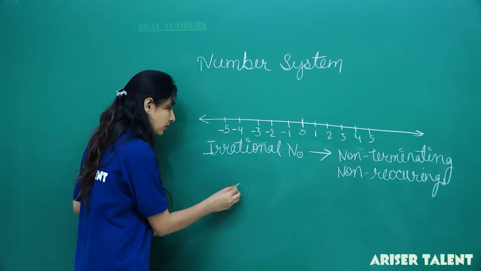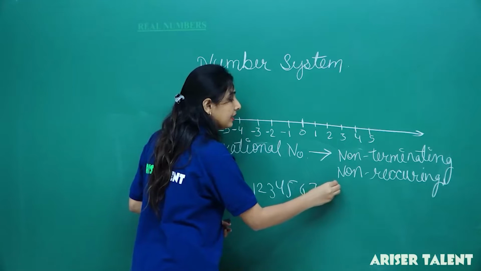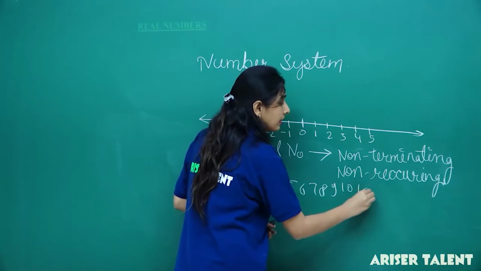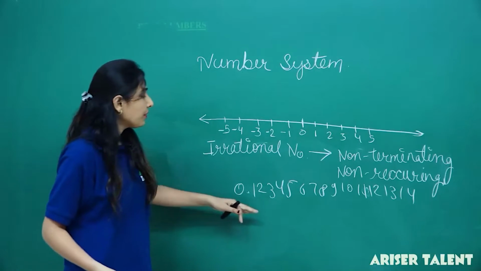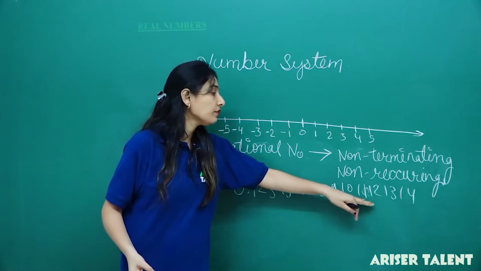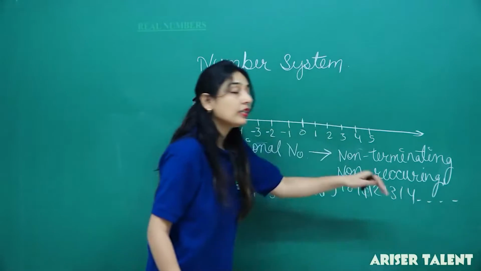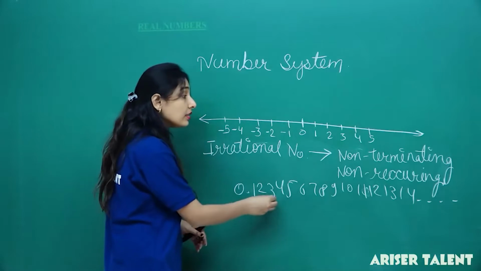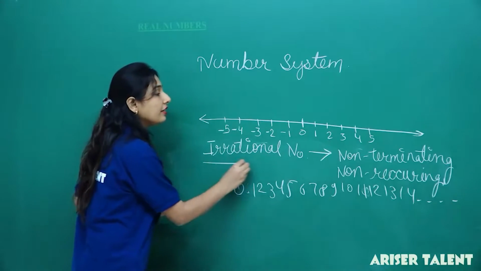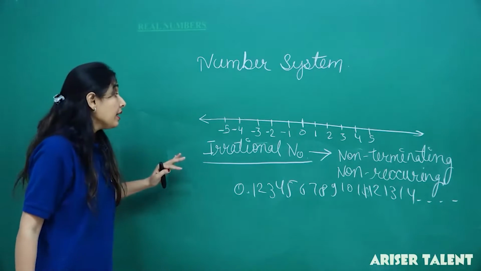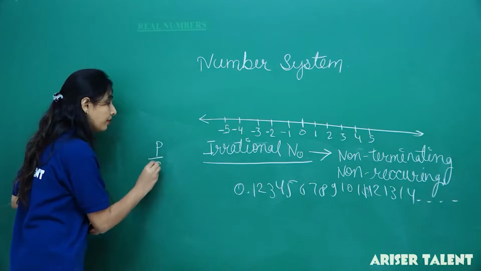Okay, like the value 0.1, 2, 3, 4, 5, 6, 7, 8, 9, 10, 11, 12, 13, 14 and so on. The value doesn't terminate anywhere and there is nothing like a pattern that reoccurs. So what is it? It is an irrational number. An irrational number cannot be written in the form of p by q.